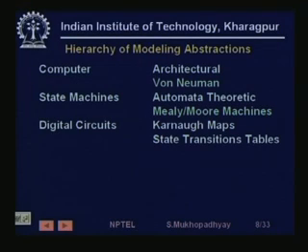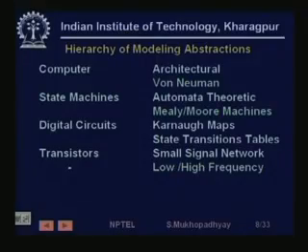So again, these state machines are made of what? They are actually made of digital circuits. So how do we describe digital circuits? We know that we describe combinational digital circuits using Karnaugh maps or sum of product Boolean formulas, or if they are sequential circuits, then we describe them as state transition tables.